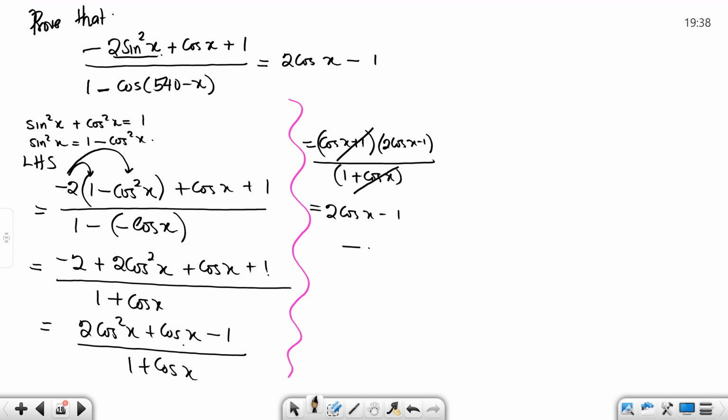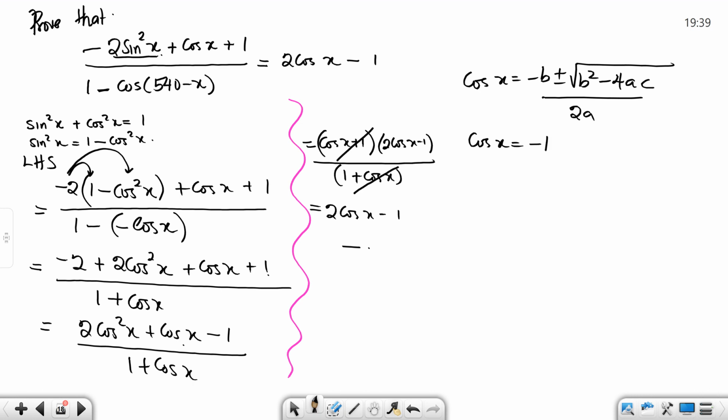solving for cos x, right? Cos x would be equal to minus b plus or minus square root of b squared minus 4ac over 2a. Are you there? Now, let's do this together quickly. What is my b? 1. Plus or minus 1 squared minus 4. What is my a? 2. What is my c? Negative 1.